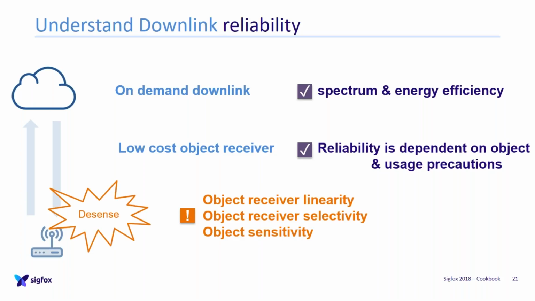What can happen is that there are some hardware radio parameters, which I state here, the linearity and the selectivity, which make your receiver sensitive to strong signals passing by, and that can potentially generate desense. But it may happen or it may not happen. It depends on the conditions your device will be in.